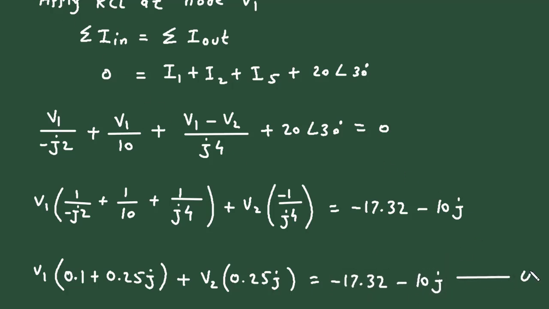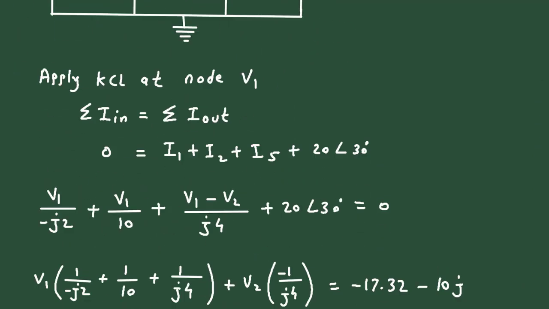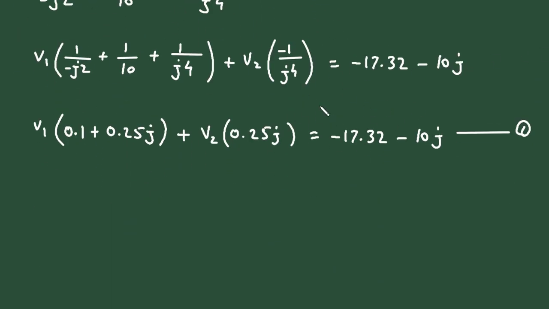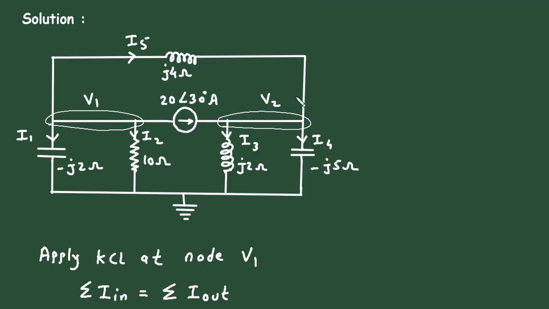Now consider this as equation number 1. The other things are correct, we just forgot the 20 at an angle 30 degree ampere.